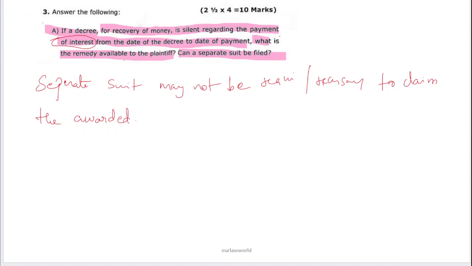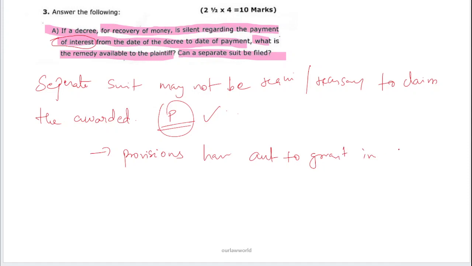And while talking about the other options the plaintiff has in this scenario, there are provisions to automatically grant interest on such a money decree by default.